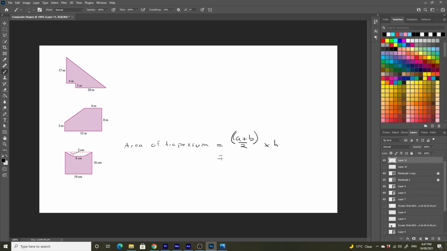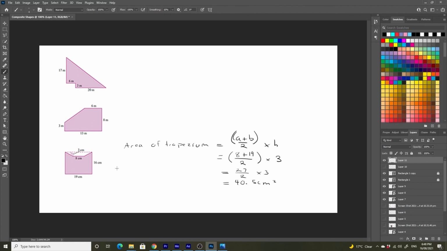So this is going to be equal to 8 plus 19 over 2 times the perpendicular height of 3, and that is equal to 27 over 2 times 3, which is 40.5 centimeters squared.